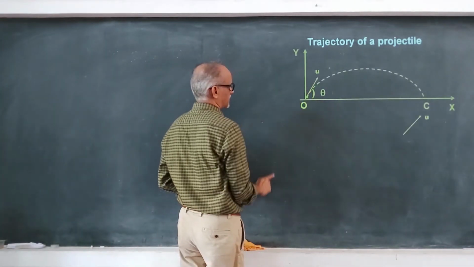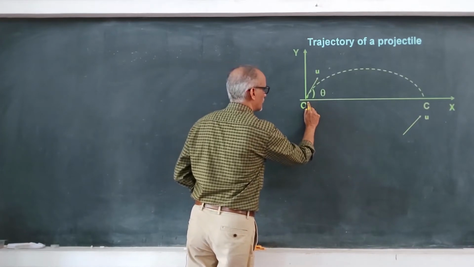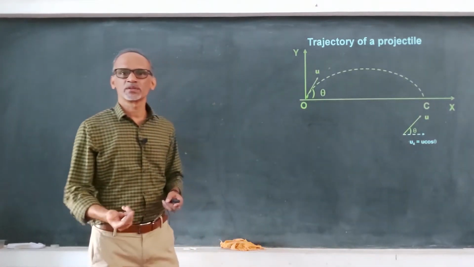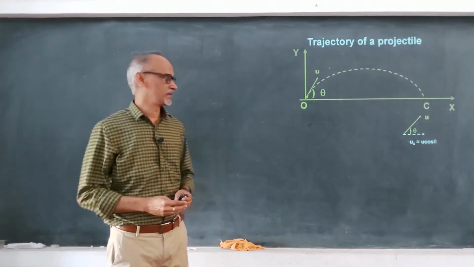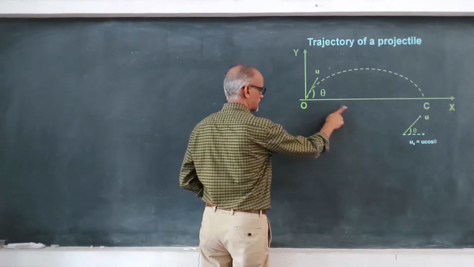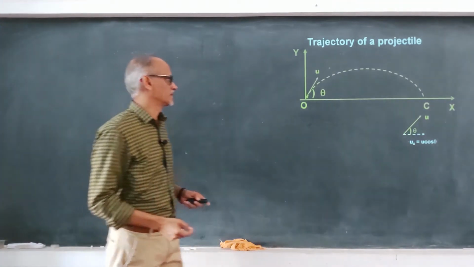Now, this particular vector u can be resolved into two components, one along the horizontal, here. Resolution of a vector means splitting a vector into two components. Since it is along the x axis, it is taken as ux, and ux is equal to u cos theta.